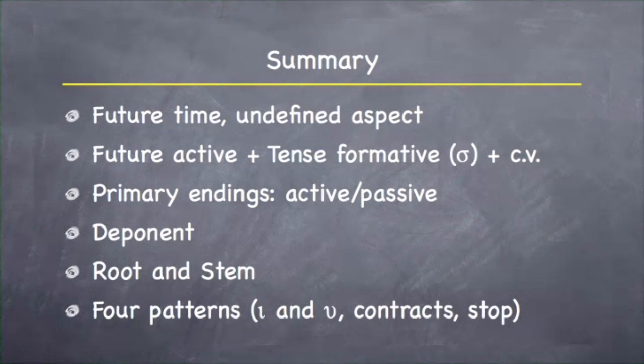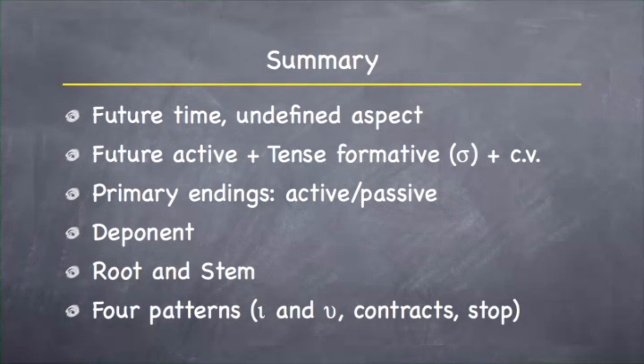We saw that just because a verb is deponent in one tense doesn't make it deponent in another tense. But if you want to be sure, you look up the verb in a lexicon, and the second tense form listed, if it ends in omai, is a deponent verb. We learned that there are 4 patterns of verbs, and in pattern number 1, the present tense stem and the future tense stem are the same, or more properly stated, the root and the present tense stem are the same.